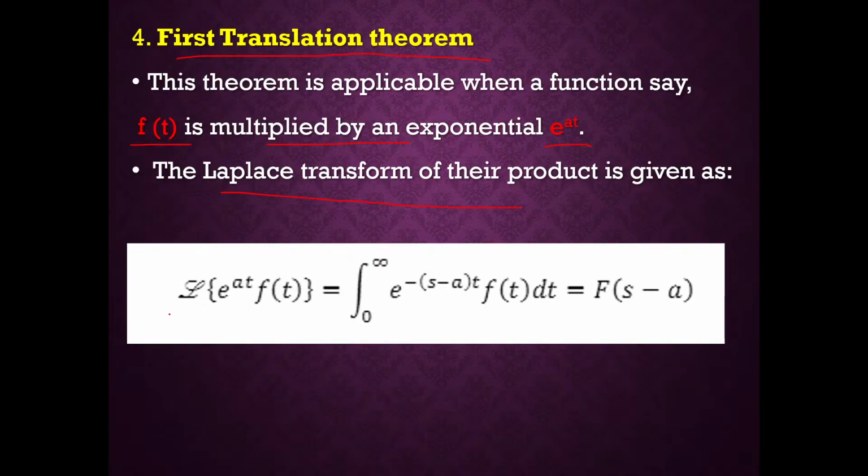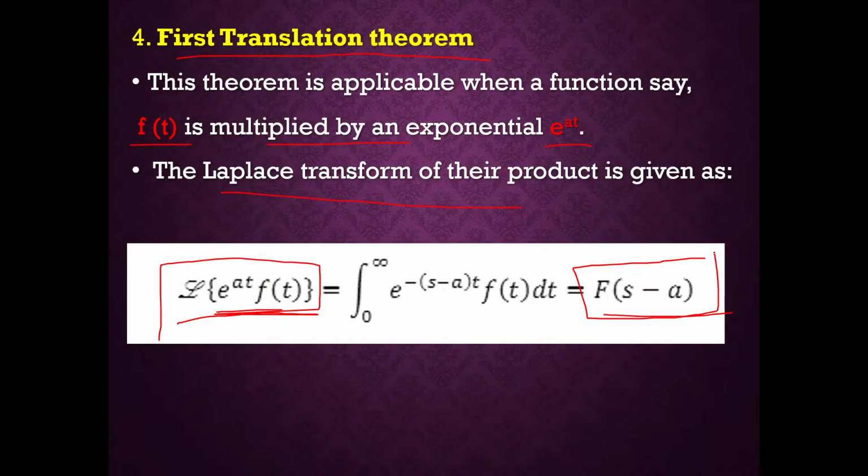Laplace of e power at multiplied with f of t can be rewritten as the integral of 0 to infinity e power minus (s minus a)t f of t dt, which is equal to F of s minus a. So Laplace of e power at multiplied with f of t will give us F of s minus a.